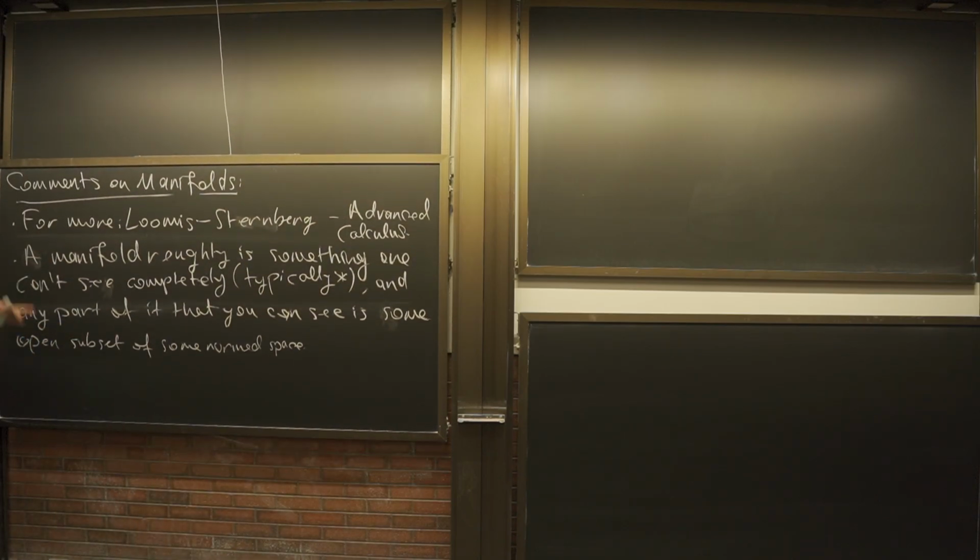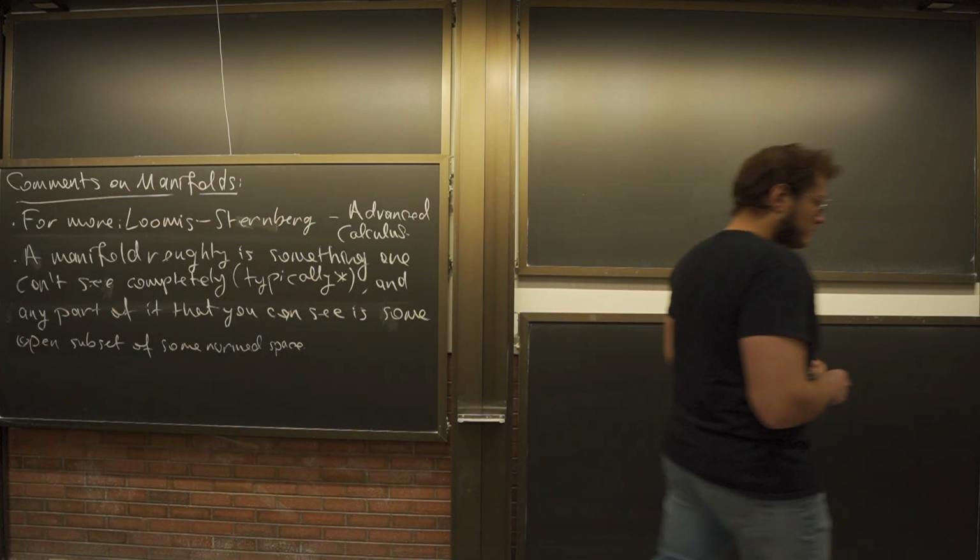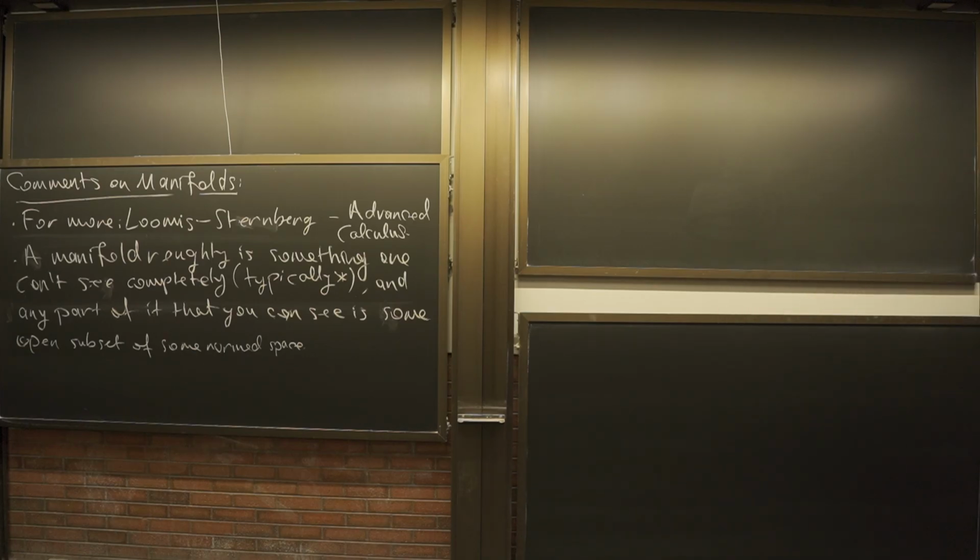So the local theory works pretty much the way we discussed, but then it becomes a problem: how are these parts put together to complete this whole thing that is the manifold?